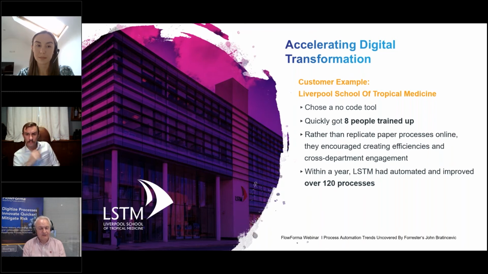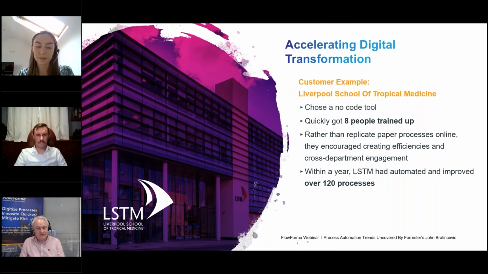So in this particular model, they picked one department to start off with, trained those guys up, and within a year they'd automated and improved over 120 processes. So with these low-code tools, with FlowForma, you can digitize processes very quickly once you get trained up. And as John was alluding to earlier on, if you can do this quickly and demonstrate the results quickly, you can then start building momentum and start digitizing at scale.